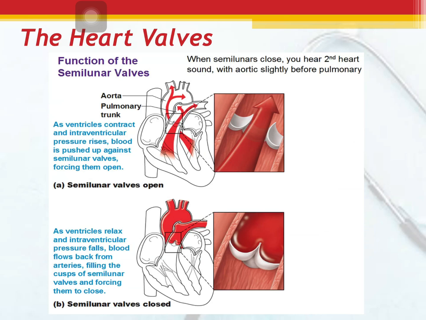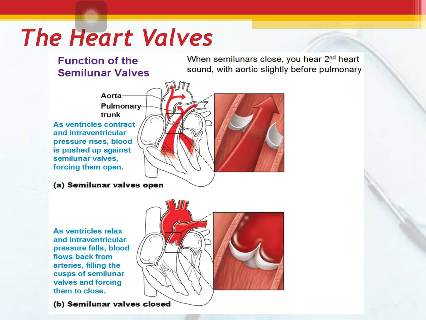Function of semilunar valves. As the ventricles contract and intraventricular pressure rises, the blood is pushed up against the semilunar valves, forcing them to open. As the ventricles relax and intraventricular pressure falls, the blood flows back from the arteries, filling the cusps of the semilunar valves and forcing them to close.